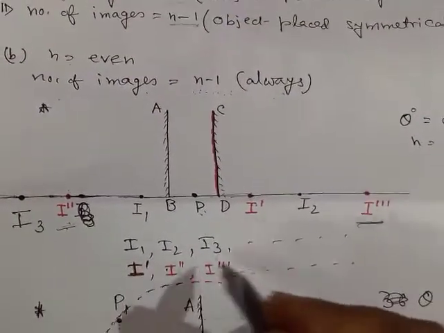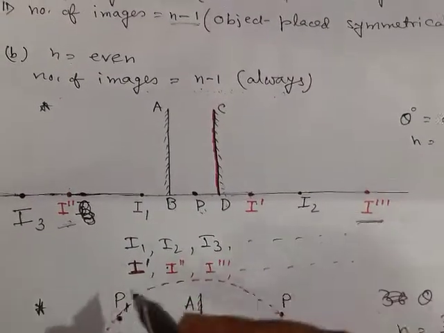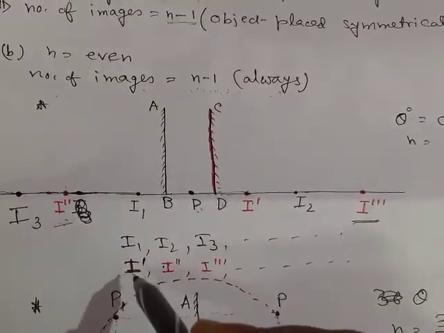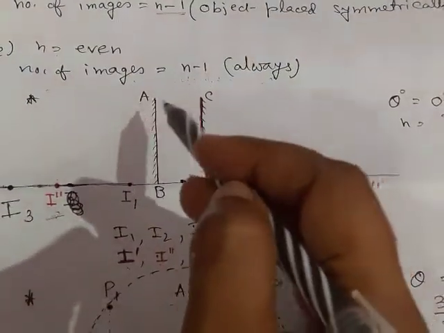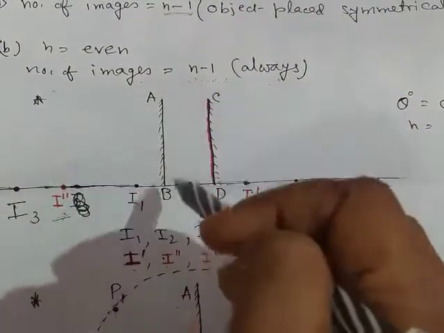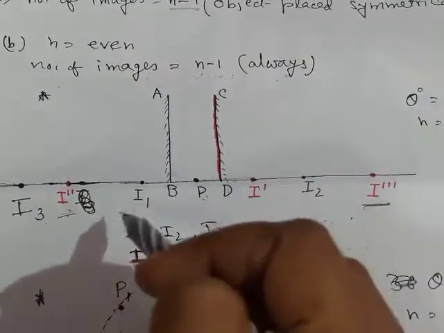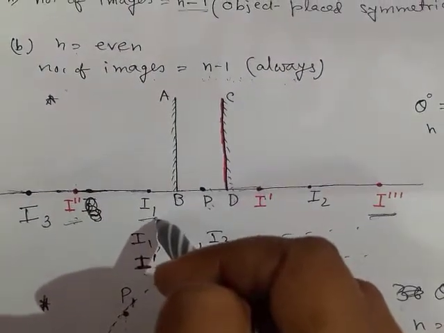Similarly, we get a large number of images, and this series of images are I dash, I double dash, I triple dash, etc.